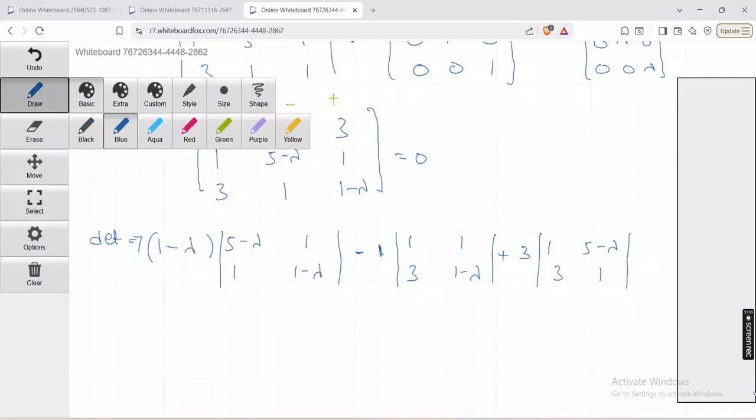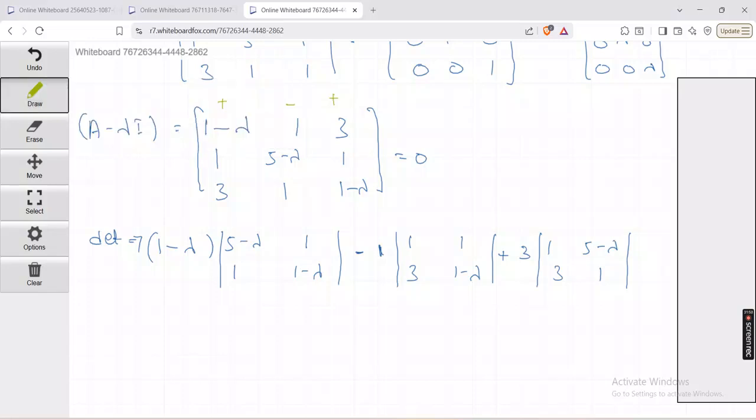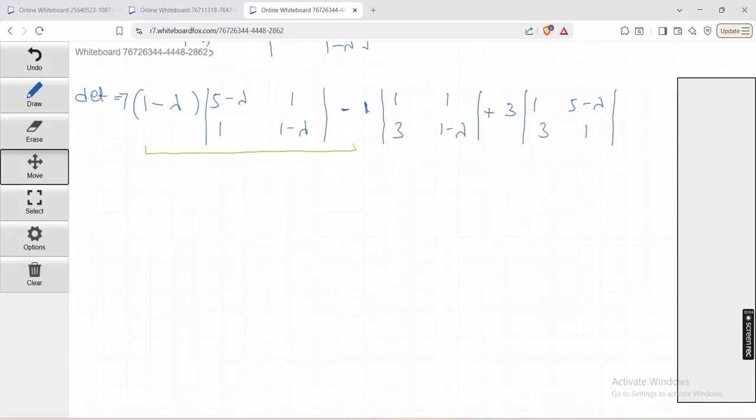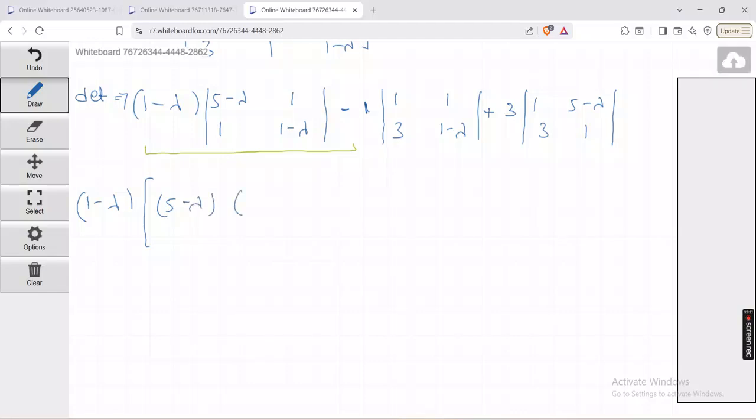Now let's first do it for this one. We will keep this the same and first simplify inside the brackets. What we will get is 5 minus lambda into 1 minus lambda, and 1 into 1, so minus 1.